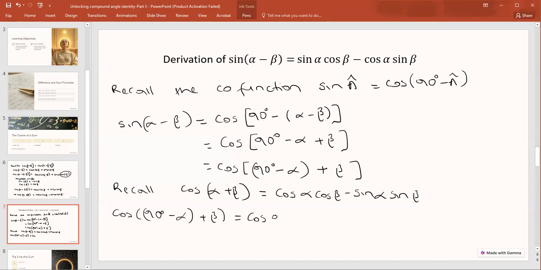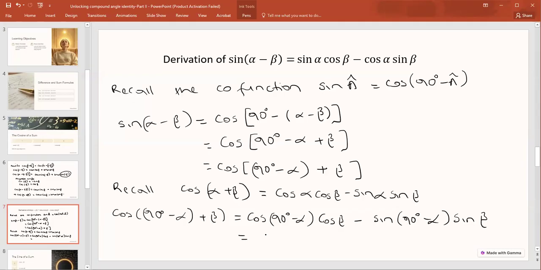cosine of 90 degrees minus alpha times cosine of beta minus sine of 90 degrees minus alpha times sine of beta.